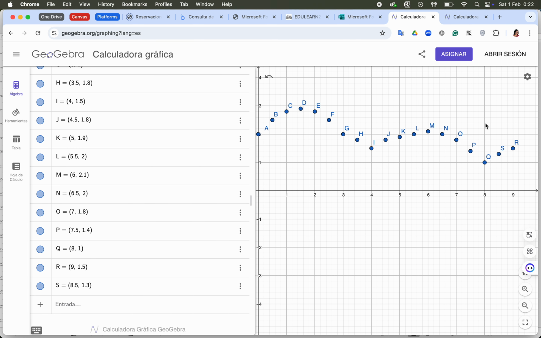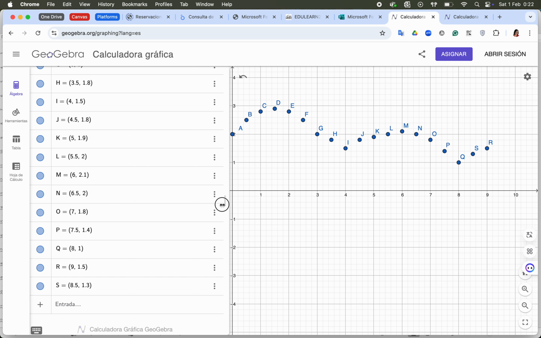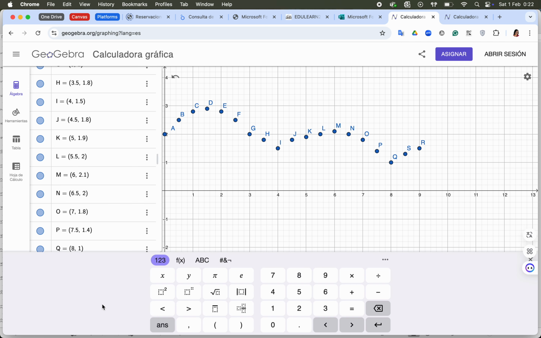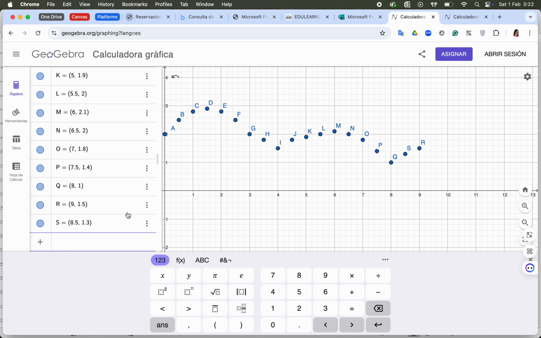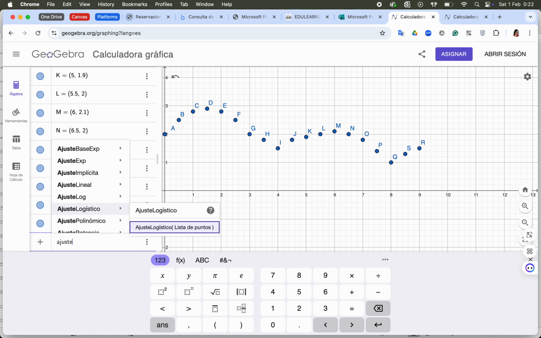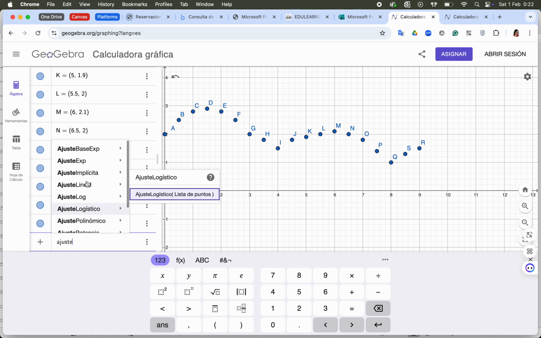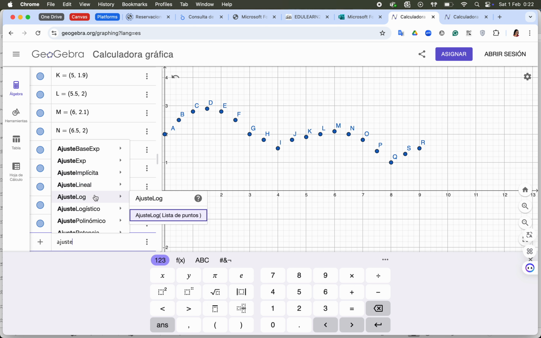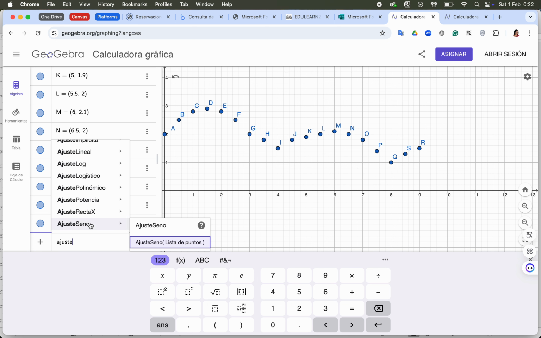How do I turn these points into functions? So Geogebra has some commands, some proprietary functions that is called ajuste. Okay, in English it's called fit. So ajuste, if you see, we have a lot of them: lineal, logarítmica, polinómico, seno.